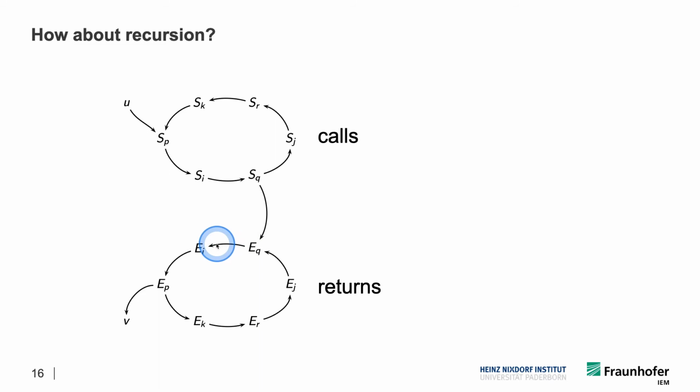So definitely we need to go back to EI because we had SI before, and we also need to go back to EP because we had this call to P before. But depending on how many recursive descents we had here, we also need to unroll this loop here a corresponding number of times, right?